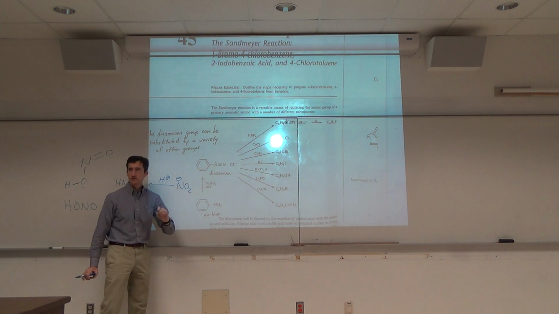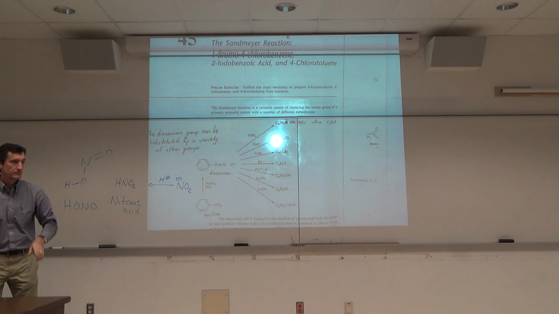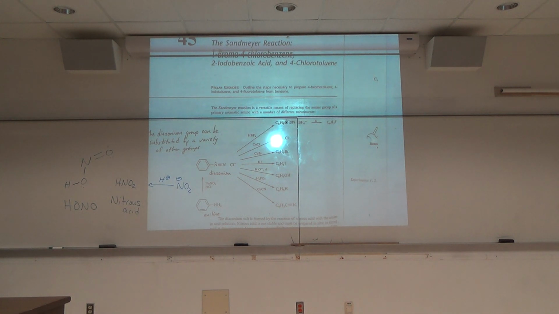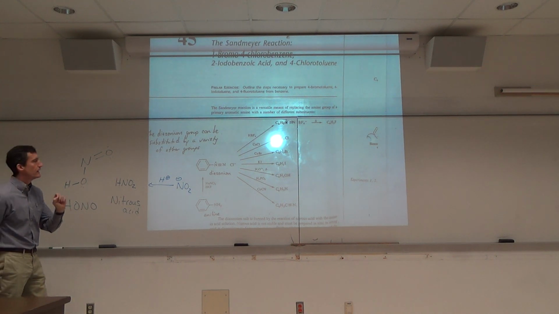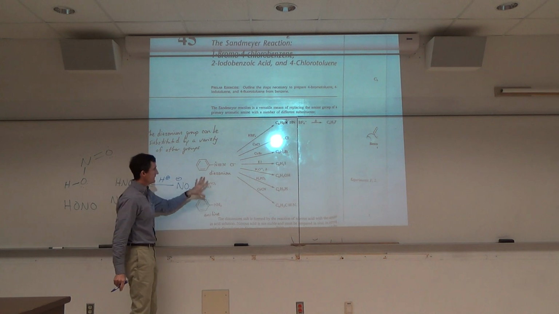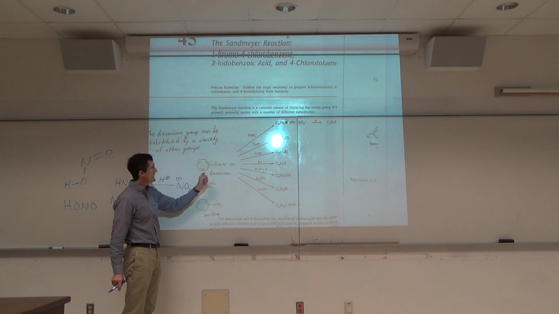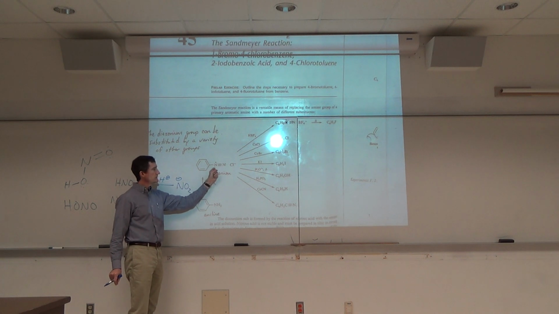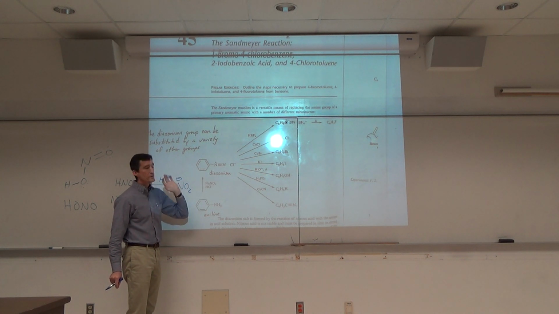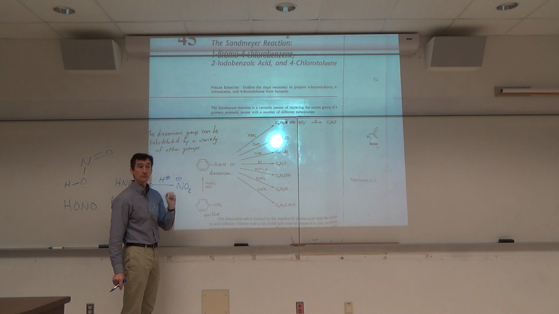Obviously, another nitrogen is on the first nitrogen. The mechanism for forming the diazonium, let's wait a little bit. We'll talk about that. But once you make the diazonium, we can then replace the two nitrogens with a variety of things, a variety of groups.